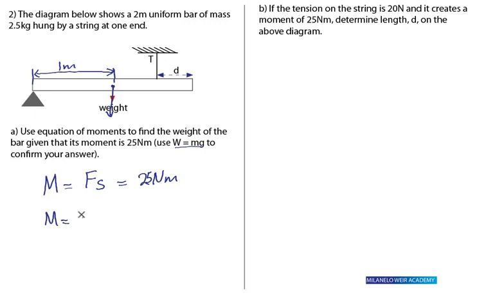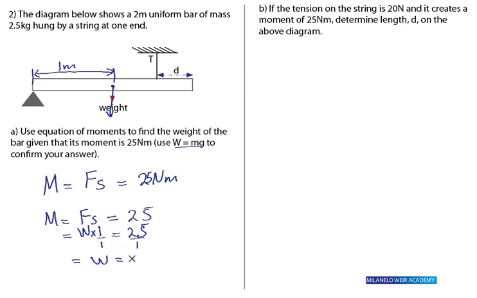M is equal to Fs, and weight. So here we put the value 25 because it's already known. Here what we know is if we multiply weight times 1 meter, we get 25. So we divide both sides by 1.